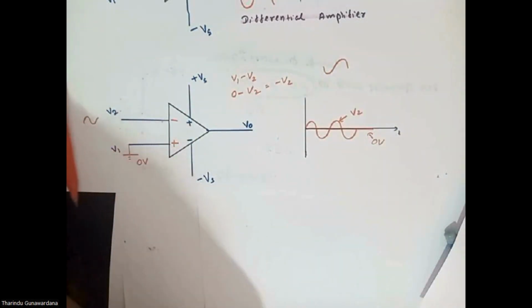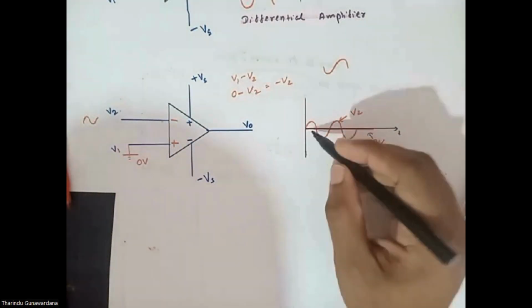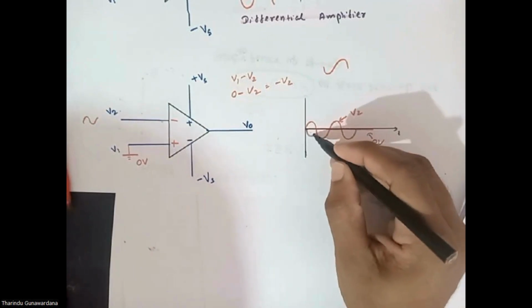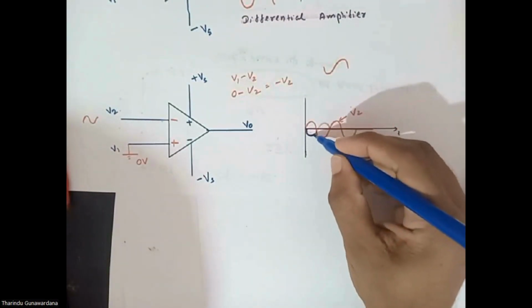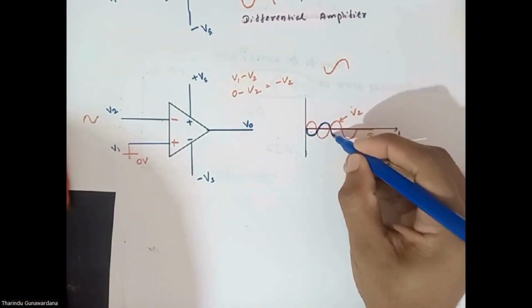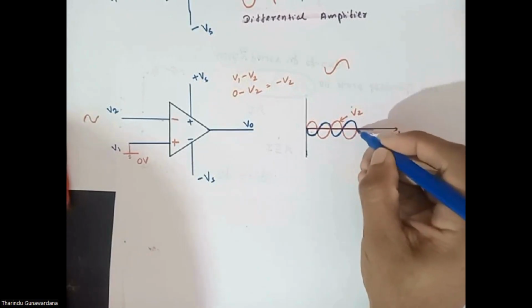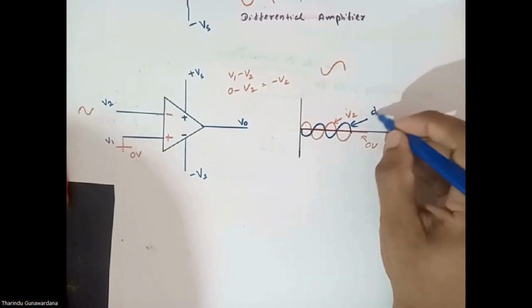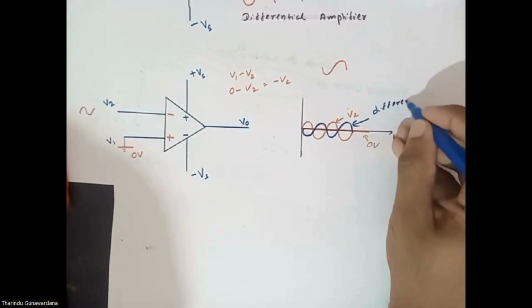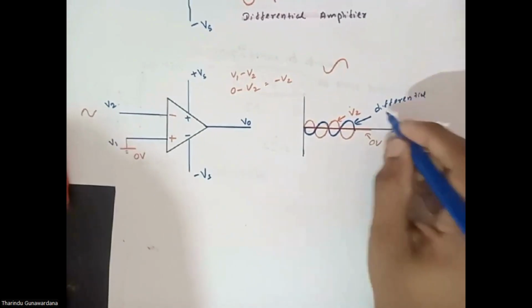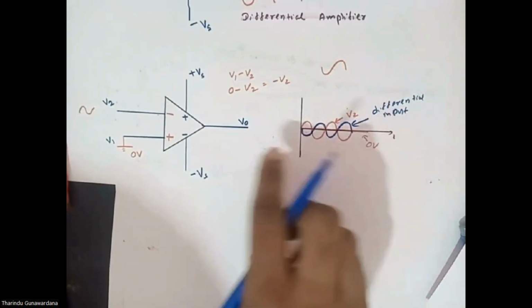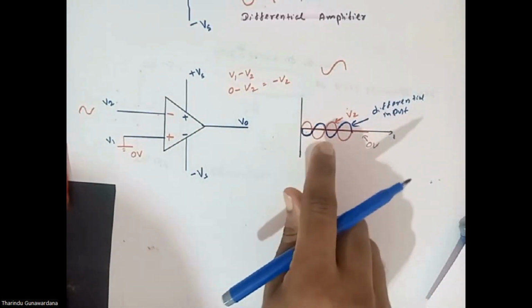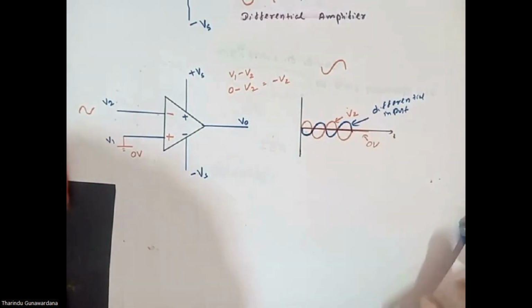Then I will draw that. This is the minus V2 signal. This is the differential input. What happens is this op-amp amplifies this differential input.